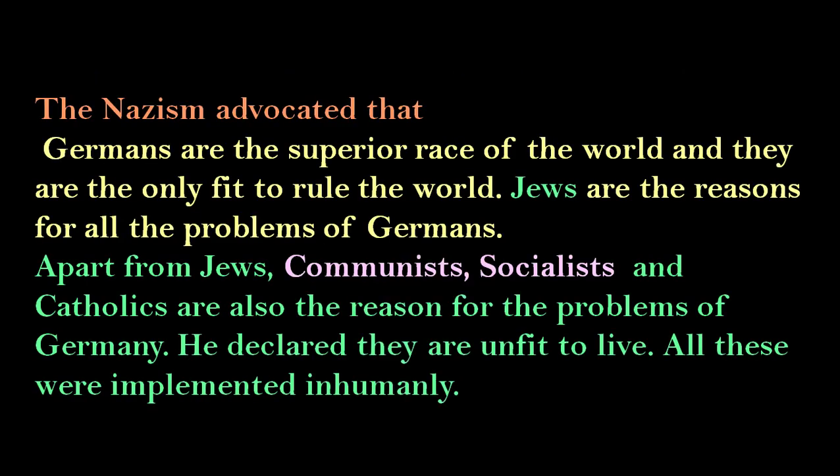In this way, Nazism advocated that Germans are the superior race of the world and they alone are fit to rule the world. Jews were blamed for all the problems of the Germans. Apart from Jews, communists, socialists and Catholics were also blamed for the problems of Germany.